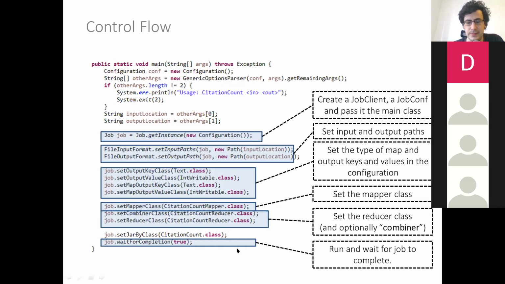And then, if we wish, we can run the job and wait for completion, or if we want to continue with the rest of the code, we could put false there. Typically, you want to put true because you'll get some nice logging that you can follow along with. You can see what's going on with the job. Whereas if you put false, in this case, the program will just end. Okay.